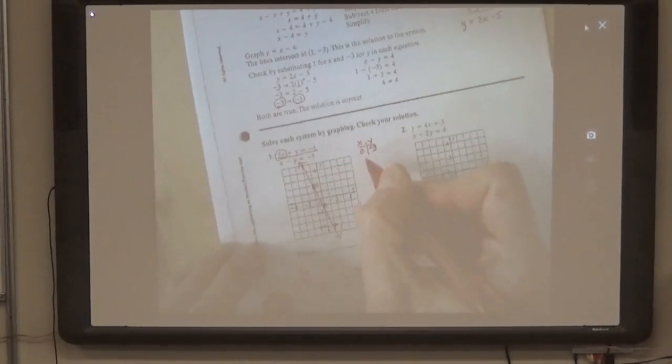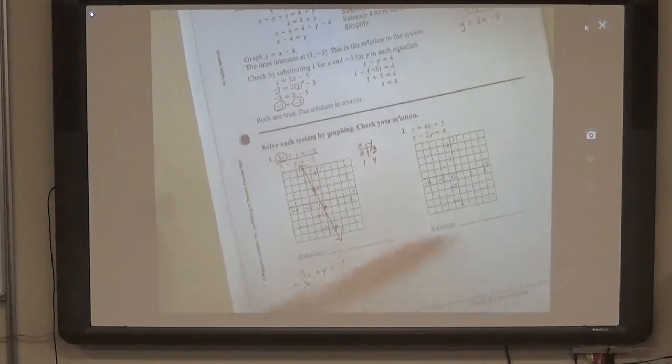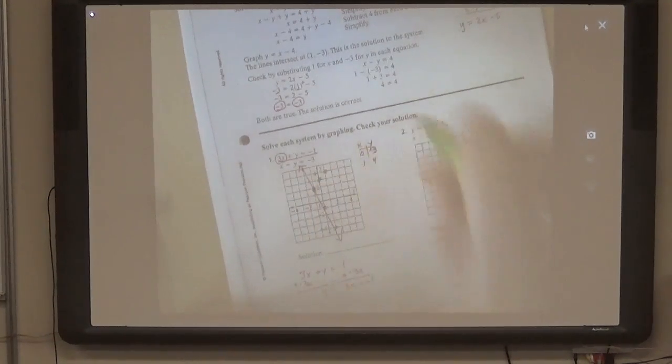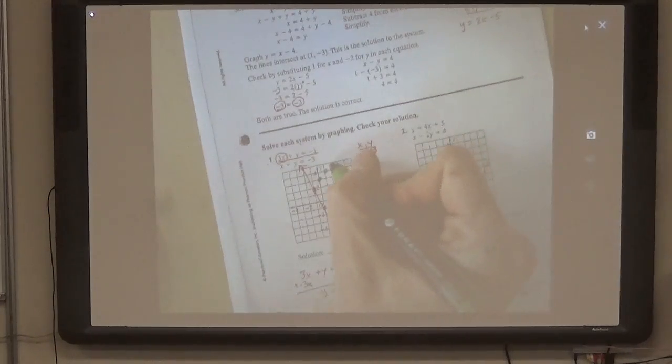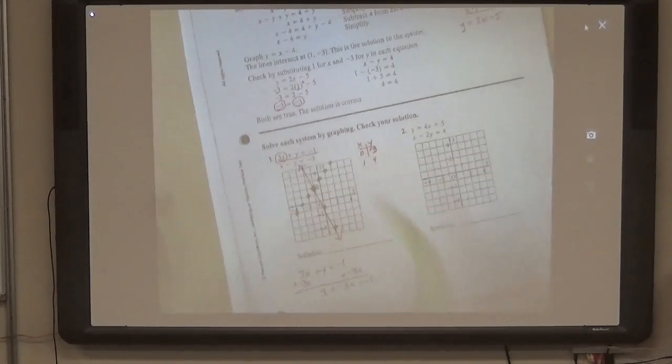And we can use 1 and 4. Right? So 0 and 3. I'll use a different color here. 1 and 4. And when you draw that line, you should be able to see a pattern right away of where that line goes.